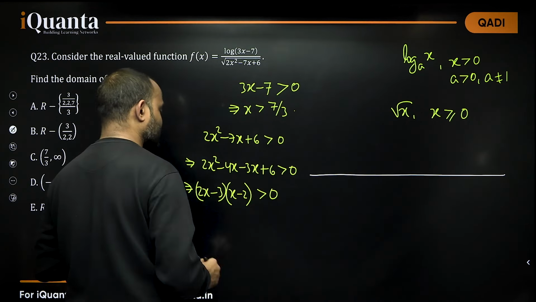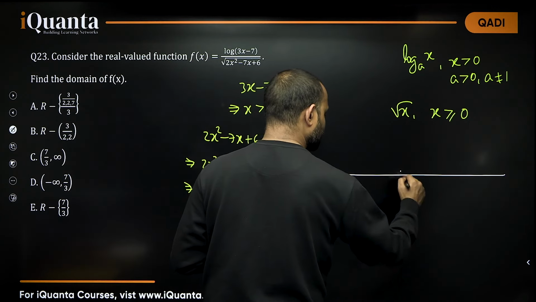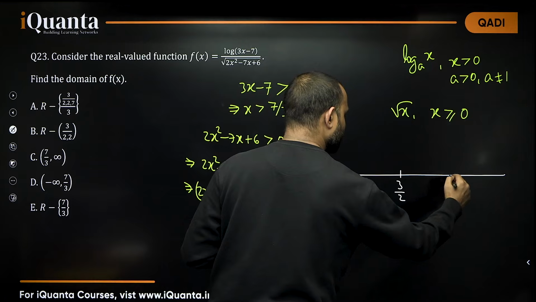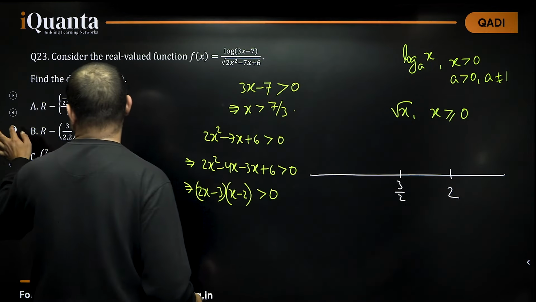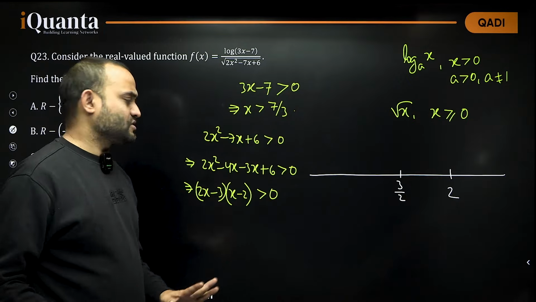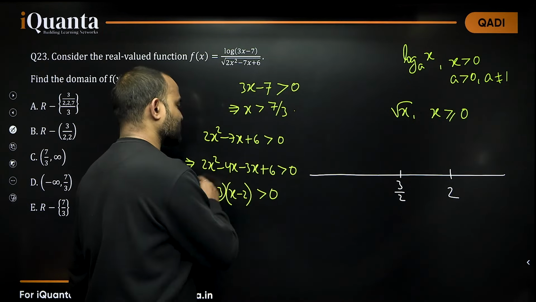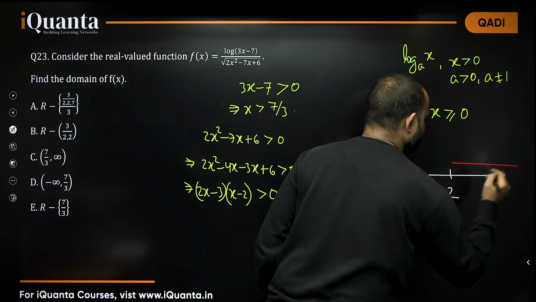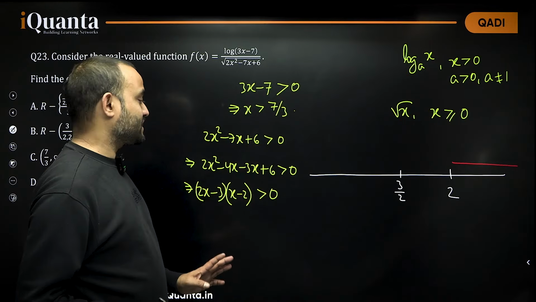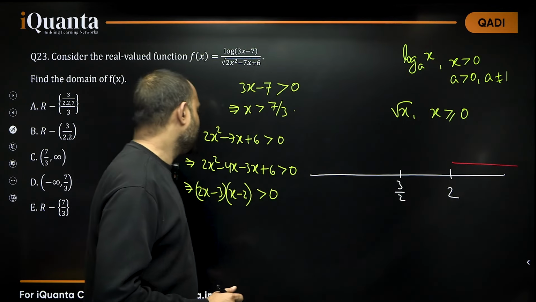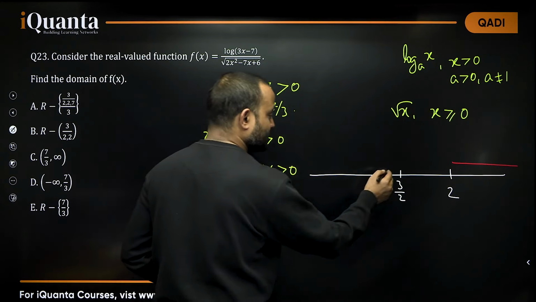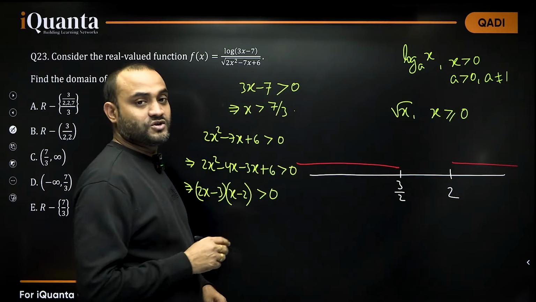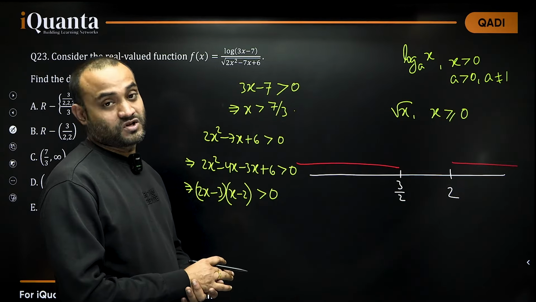So 2x minus 3 gives 3 by 2, 3 by 2, and then 2. If you take any value of x which is greater than 2, this expression will always be positive. If you take any value of x which is between 3 by 2 and 2, it will always be negative, and it will be positive when you take any value which is less than 3 by 2.